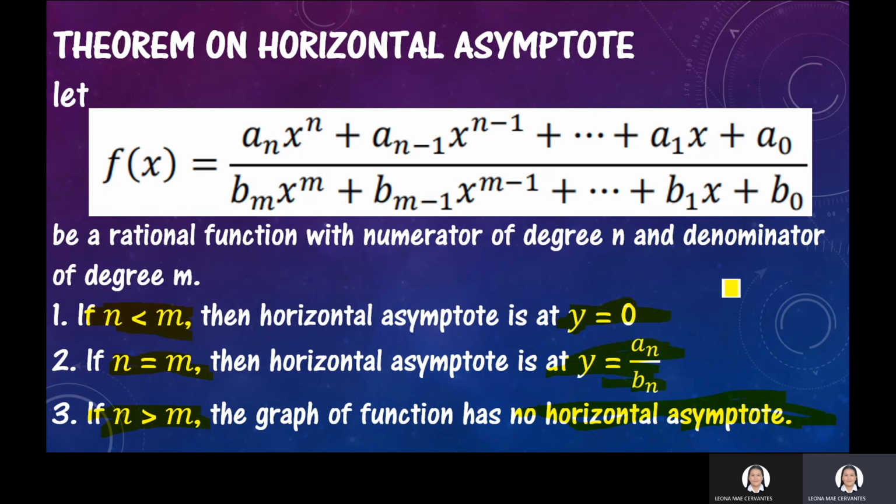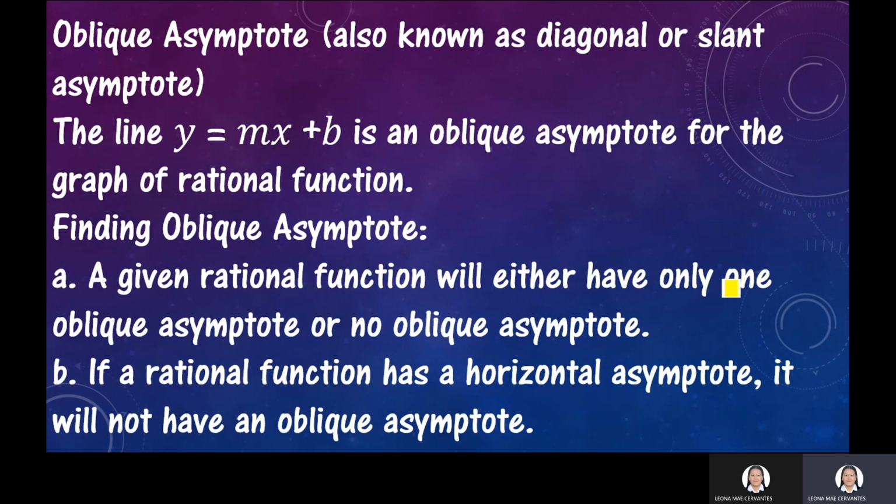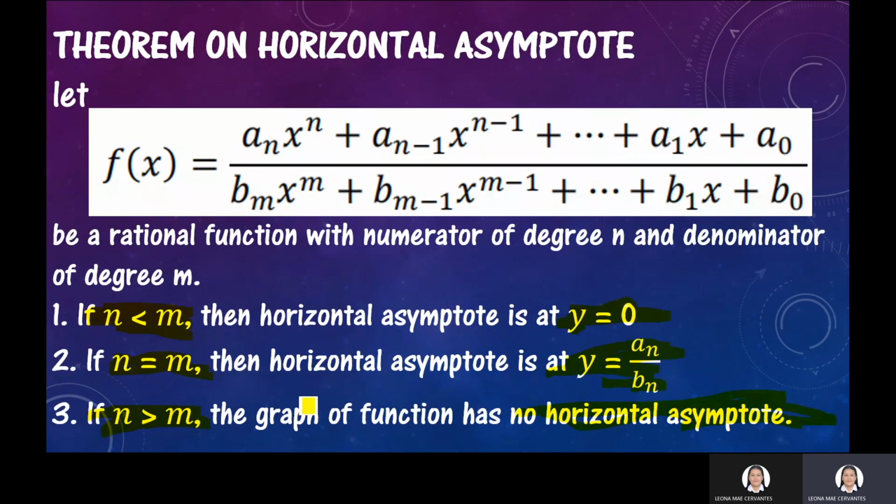Okay? Then, oblique asymptote, magkakaroon lang tayo ng oblique asymptote kapag walang horizontal asymptote. So, kailan nga lang ulit mawawalan ng horizontal asymptote? If n is greater than m. Okay?